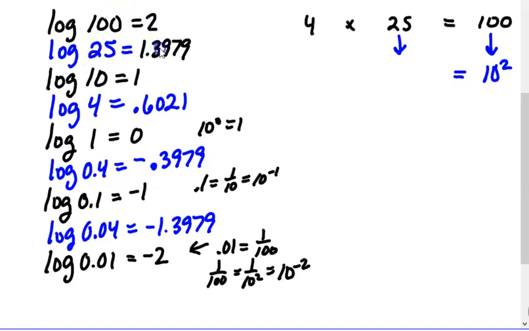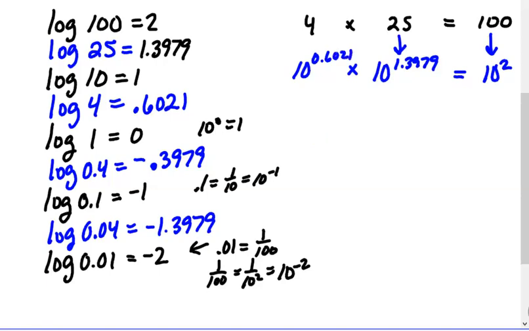10 to the 1.3979 power equals 25. So I can write this as 10 to the 1.3979 power. And 4 I can write as 10 to the 0.6021 power.